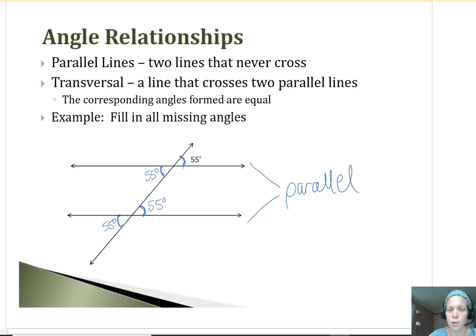This can come in handy if you can't measure the angle somewhere, but you can measure it in a different spot, using some sort of straight edge. Then all the other ones have got to be 180 minus 55, so that should be 125. And all these obtuse angles would be 125 because they're all corresponding to the other spots.